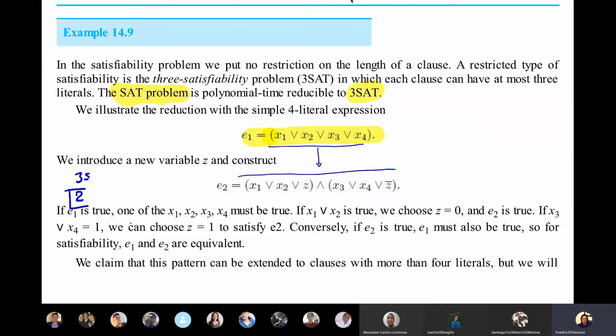I want you to take a pause there and try to think why these two things are the same in terms of each one being satisfiable.